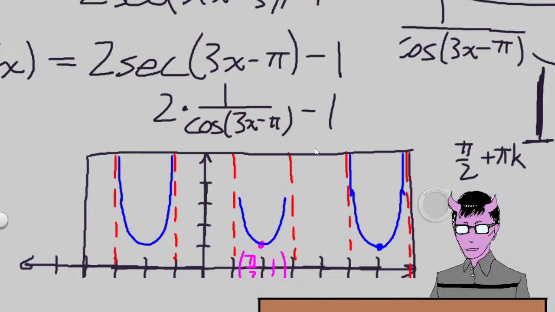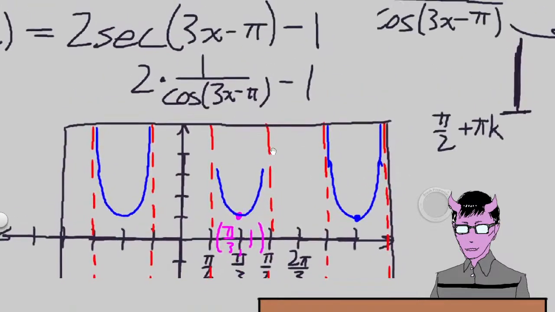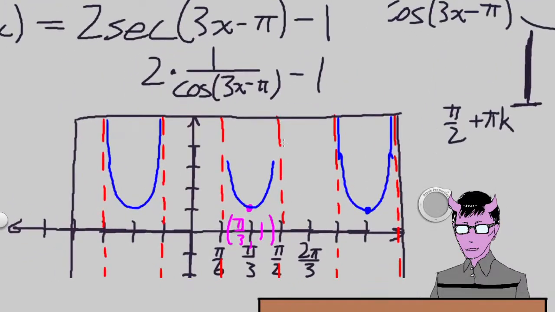So rather than plugging in pi over 2, we plug in something that's infinitesimally close to pi over 2, but is actually less than pi over 2. So we're plugging in something that's less than pi over 2, right?